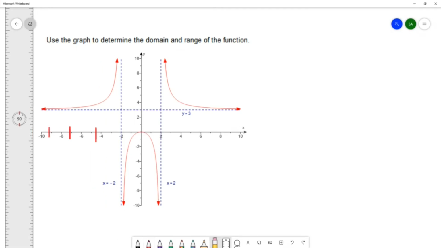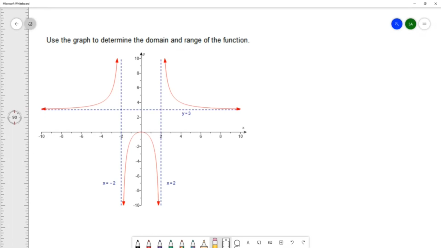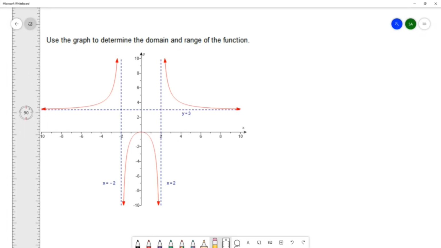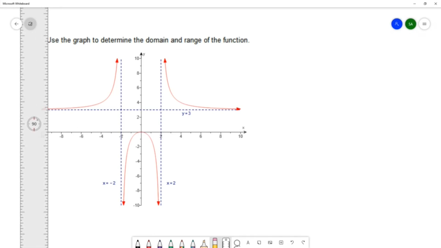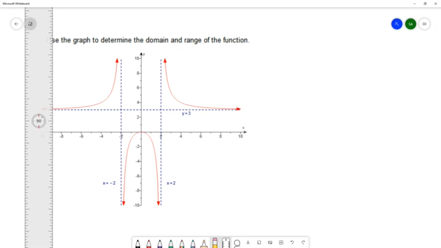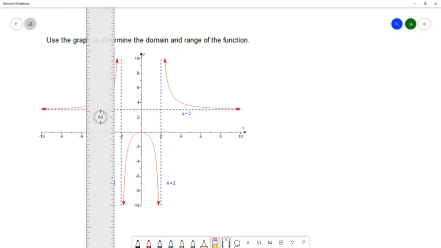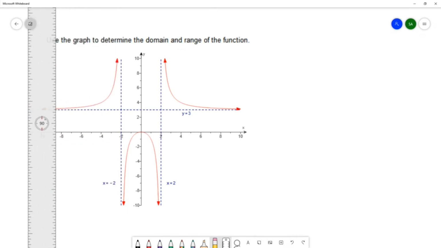Okay, so when I am looking for the domain, I'm looking for the first time that my ruler hits the graph. I can use that as my lower bound, my lowest value in the domain, my lowest x value. Then I'm going to look for when this ruler stops hitting the graph as my highest part of the domain.